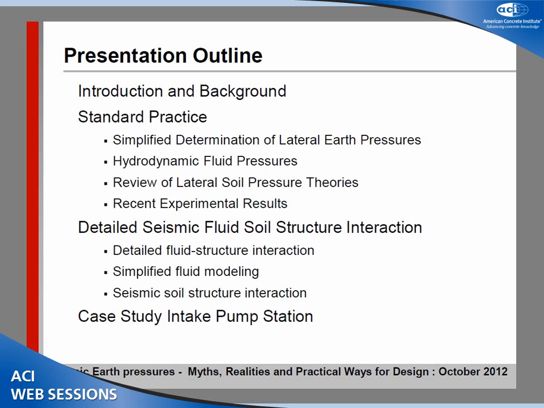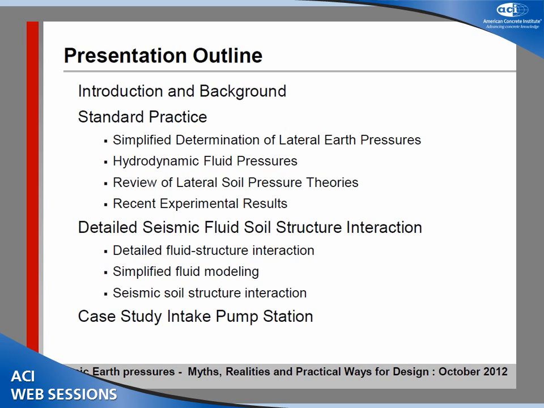Initially, a little bit of introduction and background of what are the soil pressures that we have to design for liquid container structures that are partially embedded or fully embedded. What is the standard practice, and by standard practice, I mean pretty much what is in ACI 350.